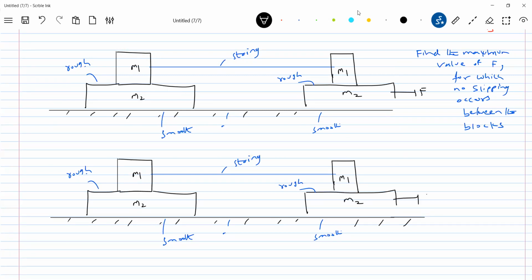Now this applied force F is asking us to calculate that maximum force. So what is the basic assumption? Let's go for the friction here now. How should the friction act on the upper block?